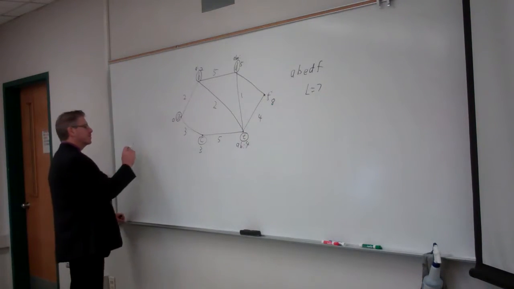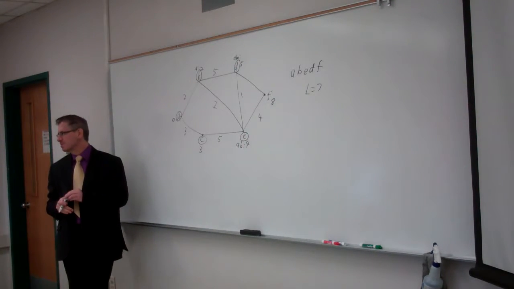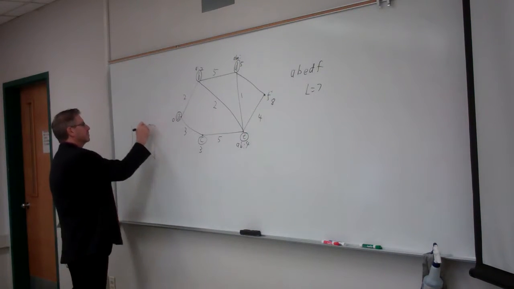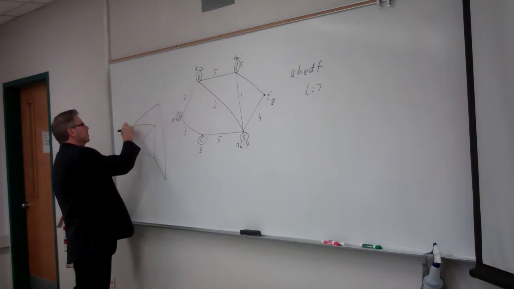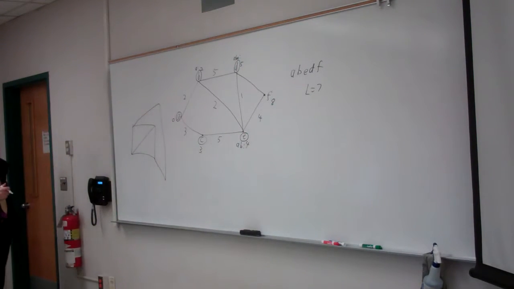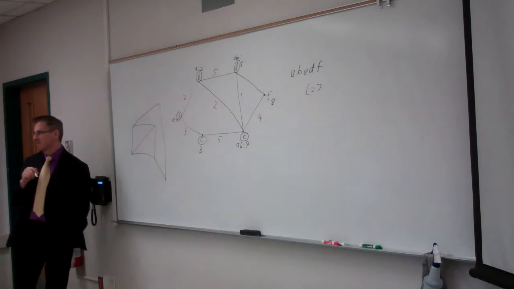So for Eulers, we know that we have to count the number of vertices with an odd degree, right? If you have something like that, we know right away there's no Euler path because we've got 1, 2, 3, 4 vertices with odd degree.